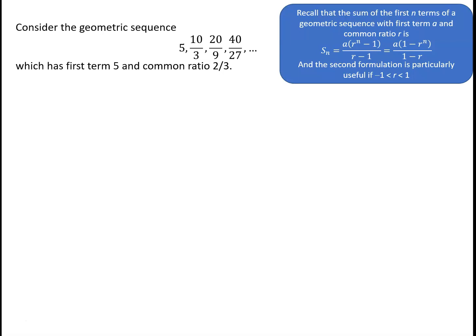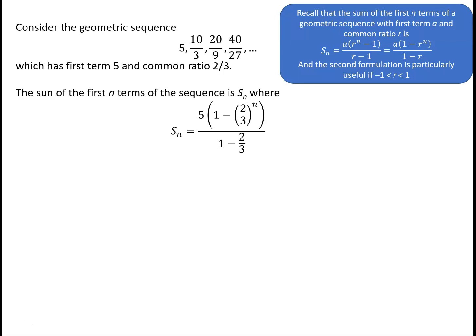the sum of the first n terms of a geometric sequence with first term a and common ratio r can be written either as a times r to the n minus 1 over r minus 1, or as a times 1 minus r to the n over 1 minus r, we can write down the sum of the first n terms of this sequence as 5 times 1 minus 2/3 to the power n over 1 minus 2/3.